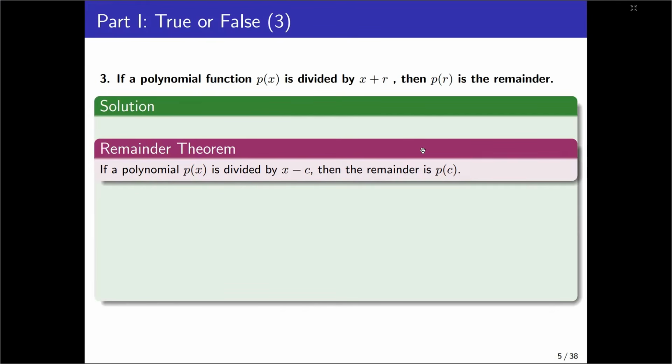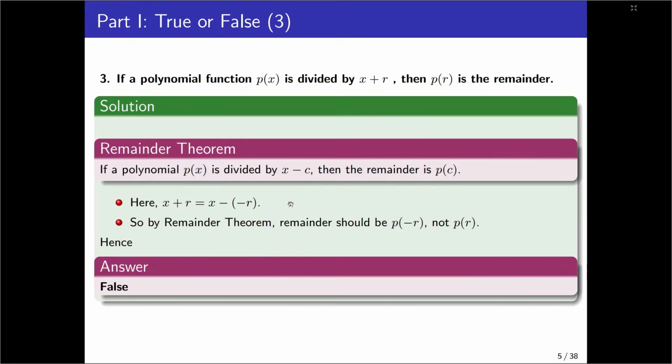Here x plus r is equal to x minus (minus r), so that c is minus r. Therefore, the remainder obtained by dividing the given polynomial p of x by x plus r could be p of minus r. It is not p of r, so the answer is false.